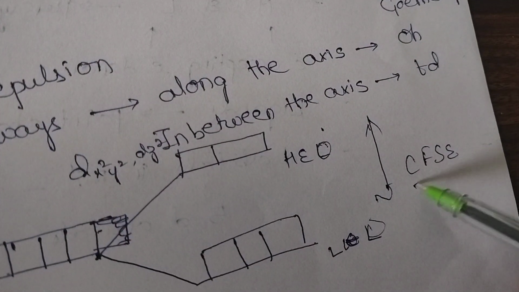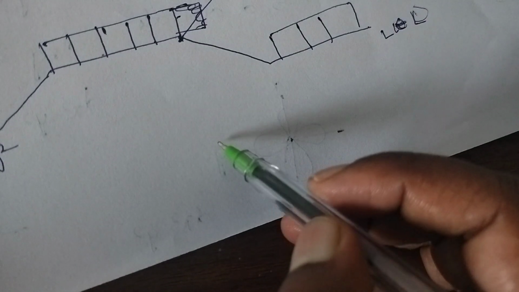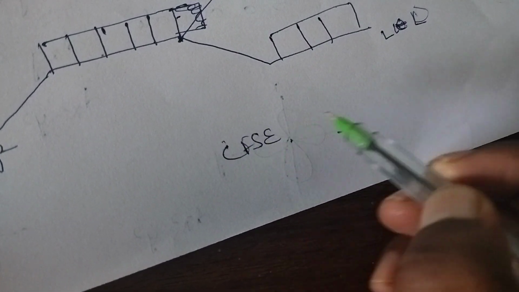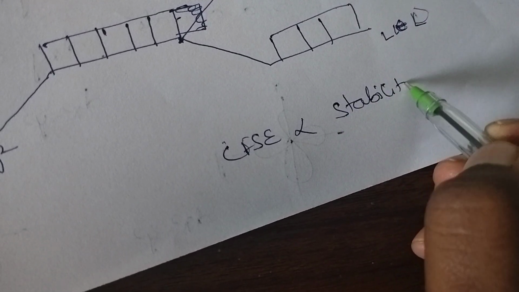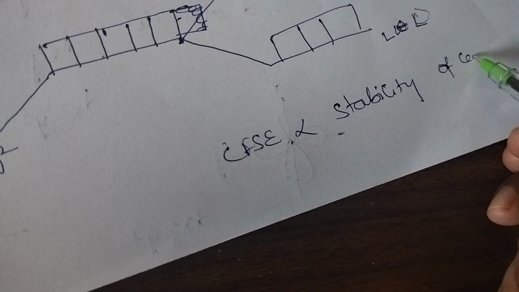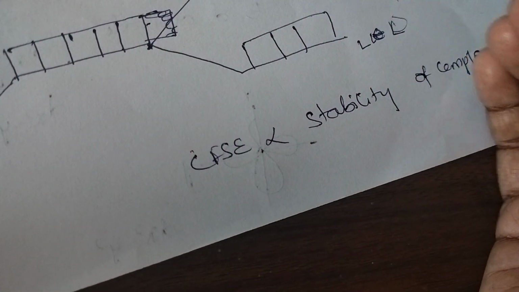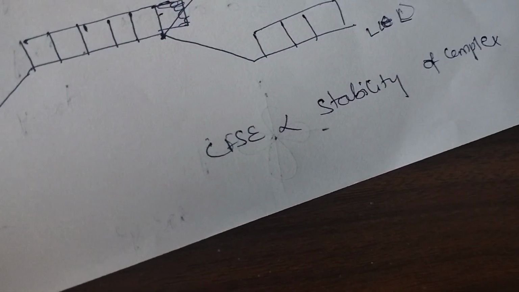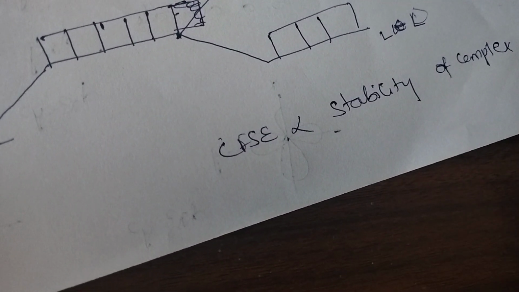The crystal field stabilization energy is directly proportional to the stability of complexes. So if the crystal field stabilization energy of the metal ion is higher, the complex will be stable. If it is lower, the stability of the complex is lower.